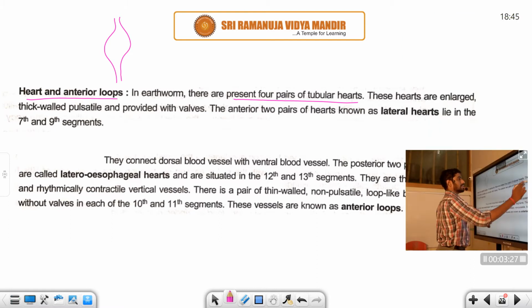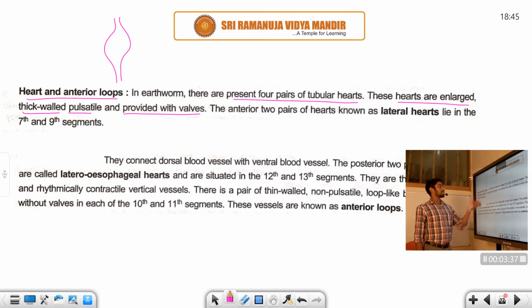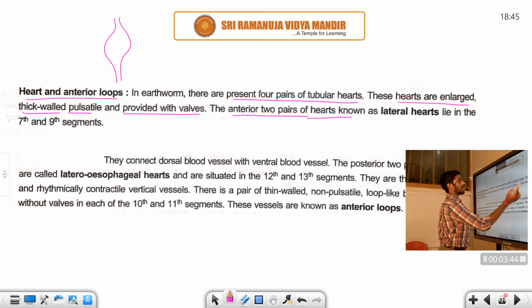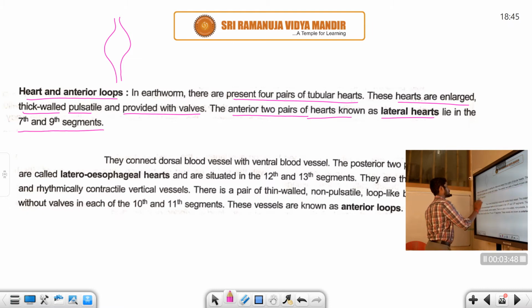Next you can see these hearts are enlarged, thick walled, pulsate, and are provided with valves. And the anterior 2 pairs of hearts, known as lateral hearts, lie in the 7th and 9th segments. What is the anterior?